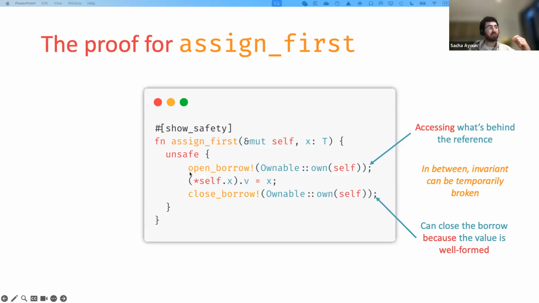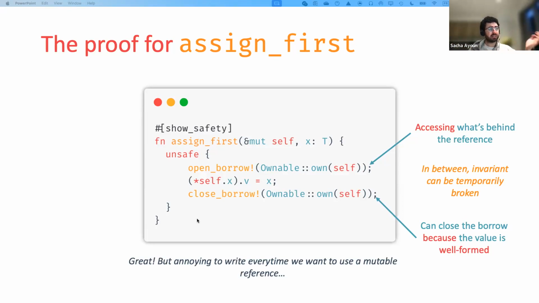And because after modifying the thing the invariant is still correct, then you've done your proof. The annoying thing here is that it's very annoying to write open borrow, close borrow every time you want to access a mutable borrow in unsafe code. You don't want to do that.